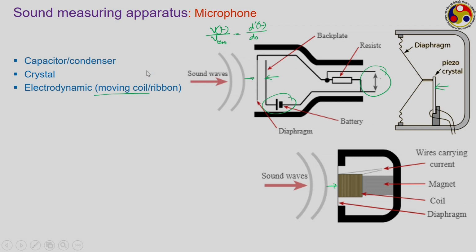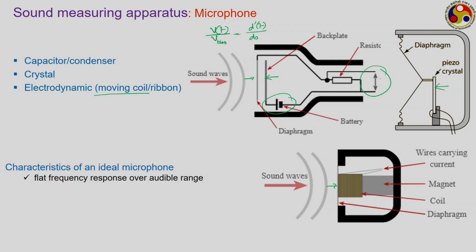The microphone has several advantages, but before that, which kind of microphone we should go for, there are quite a few factors to be considered. These are the characteristics that we want from an ideal microphone. So, we want a very flat response curve over the entire audible range, which unfortunately is not possible for any of the instruments, but generally the capacitor or condenser type gives a flat response over a large range of frequencies.